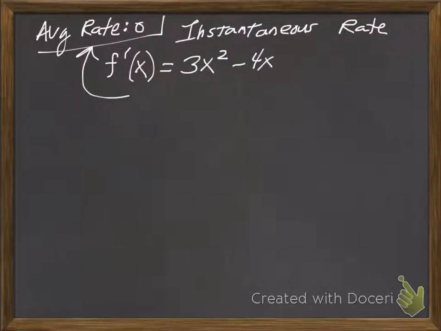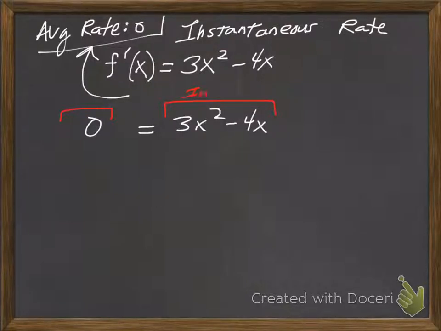So 0, which is the average rate of change, is equal to 3x squared minus 4x, which is the instantaneous rate of change. And I want to make that very clear here, because we're not setting it equal to 0 for any special reason. The fact that this is 0 is a neat consequence of the fact that the interval was 0 to 2. So this is the instantaneous rate, and this is the average rate.